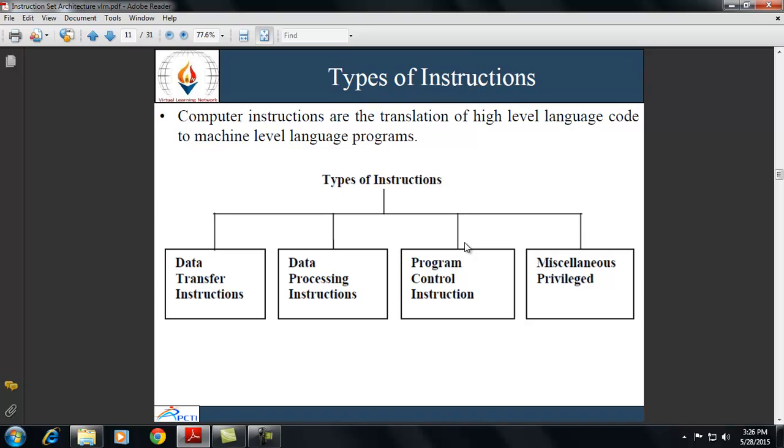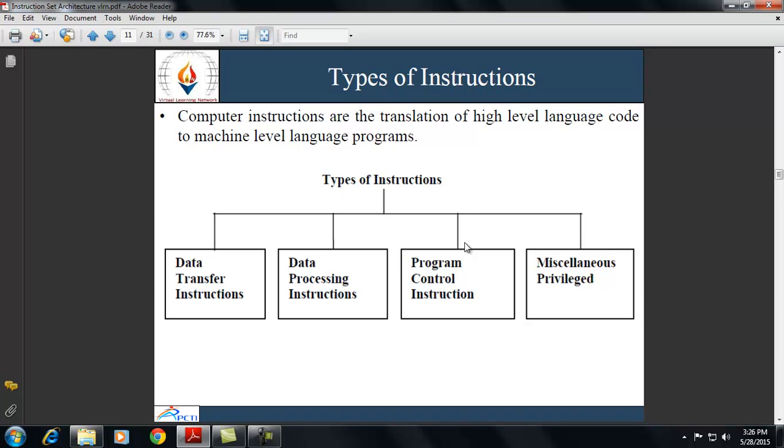Now, after discussing the types of operands, the next is types of instructions. Instructions can be data transfer instructions. Instructions can be data processing instructions. Instructions can be program control instructions, or miscellaneous privileged instructions.